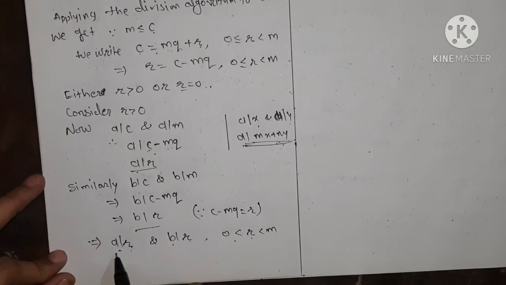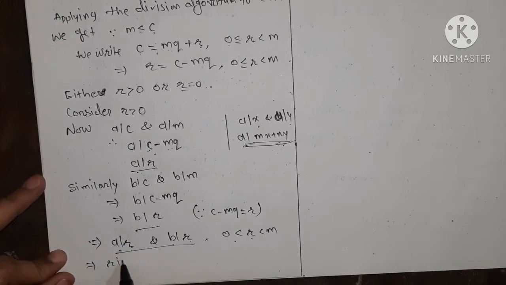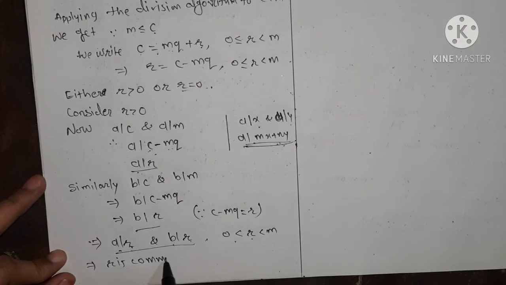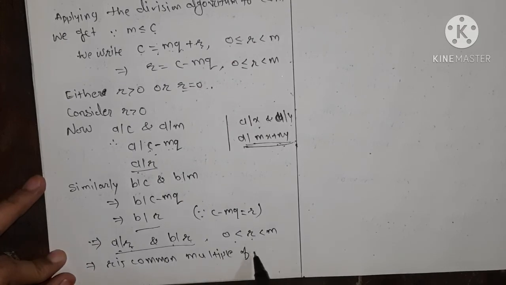So this condition implies r is a common multiple of a and b.